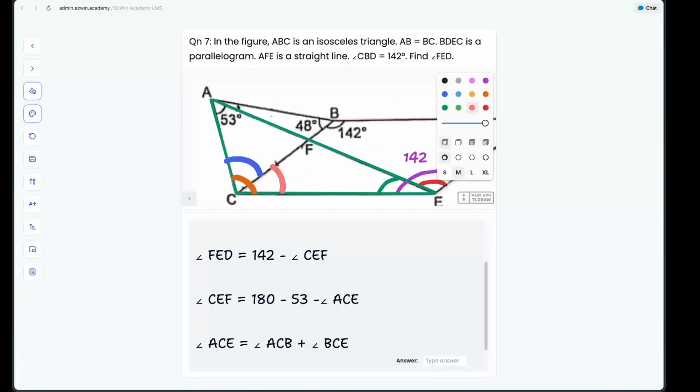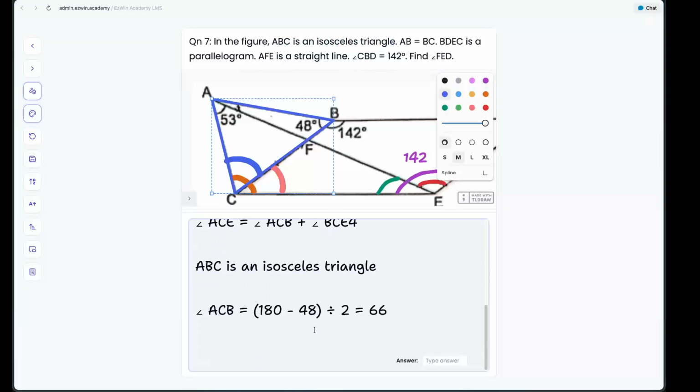Let's find the angle ACB. ACB, which is in blue over here, is part of this triangle ABC, and we know ABC is an isosceles triangle. So to get ACB, we just have 180 minus 48, divided by 2, because it is an isosceles triangle, as you can see over here.